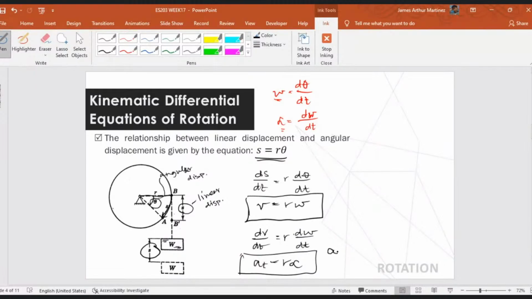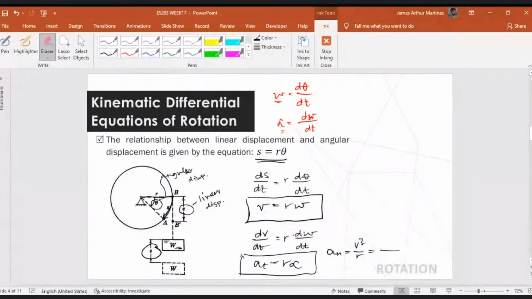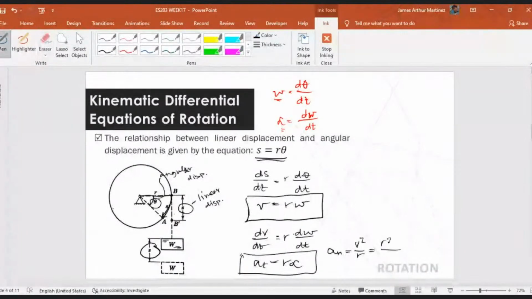So, recall from previous discussion that the normal component of acceleration is just equal to v squared over r. Right? If we relate this normal component of acceleration to the angular system, we have this relationship of linear velocity. So it becomes r squared omega squared over r. So cancel.